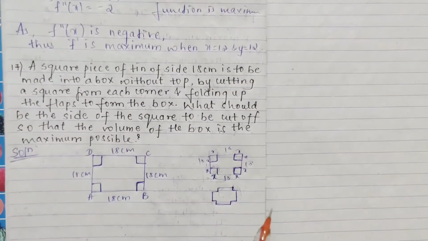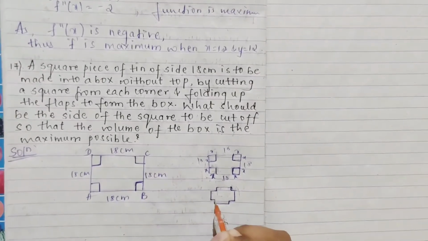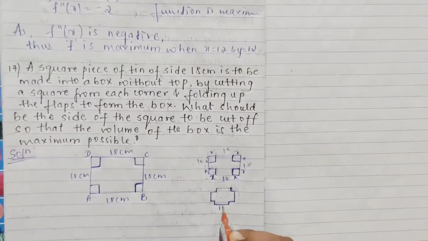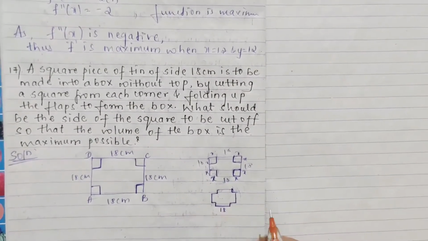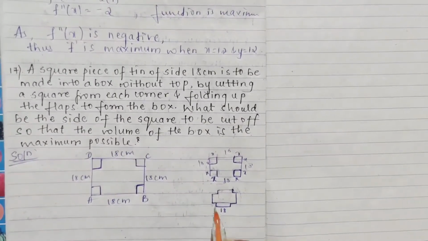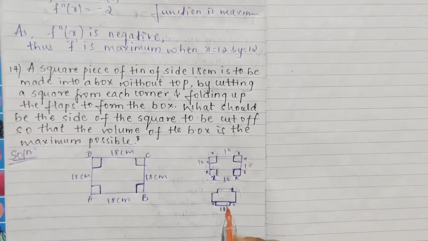Okay, see. Now this is the paper you'll get. This is your 18 centimeter. See here, this is your whole 18. This you have cut, this you have cut. This was how much we had taken, x. This was your x. So this is your length part.